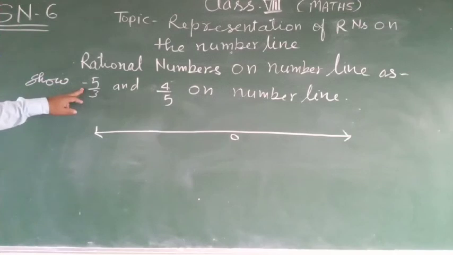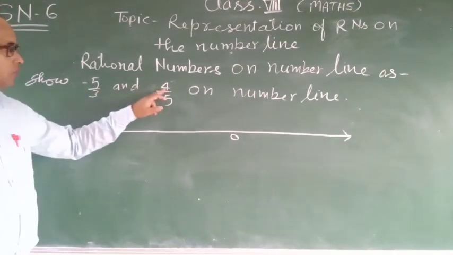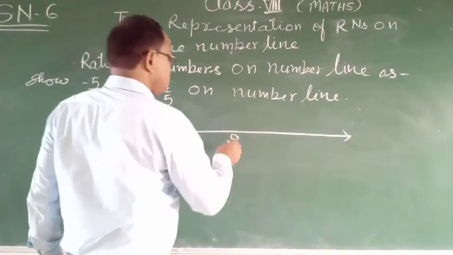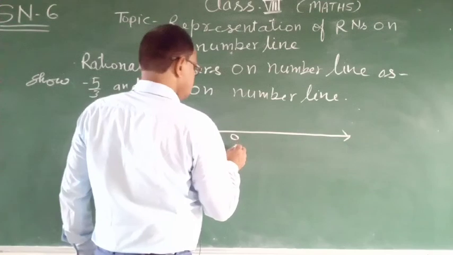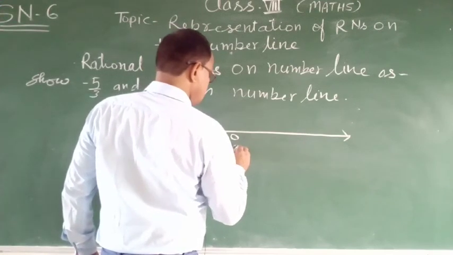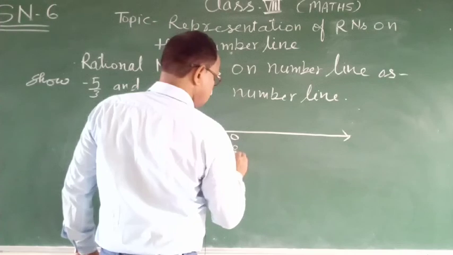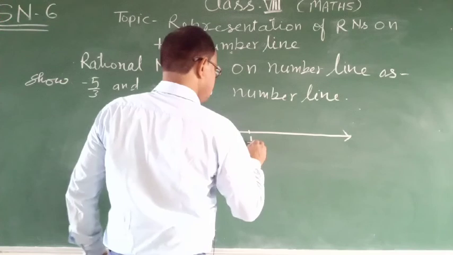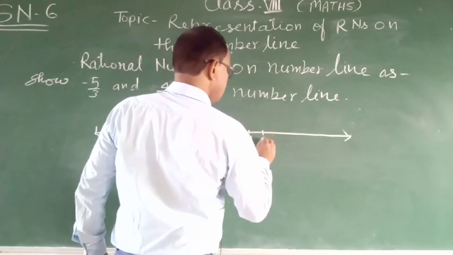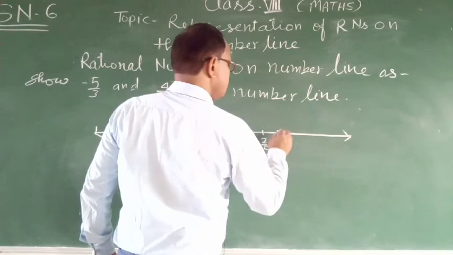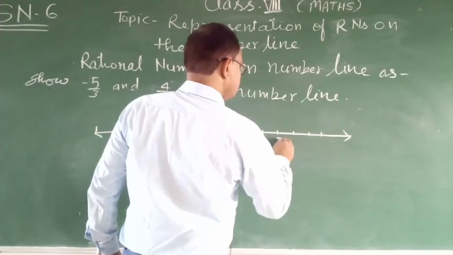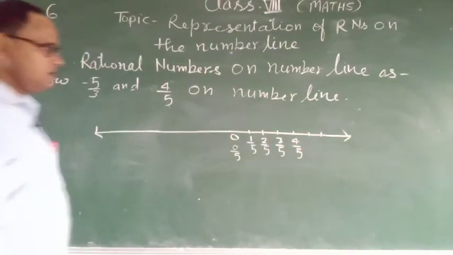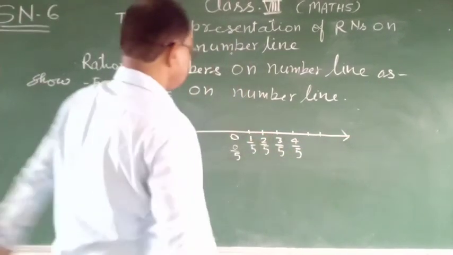So -5/3 and 4/5 on the number line. Here we can write 0/5, and here 1/5, 2/5, 3/5, 4/5. Okay, student.